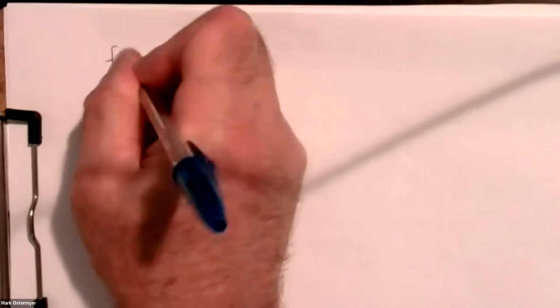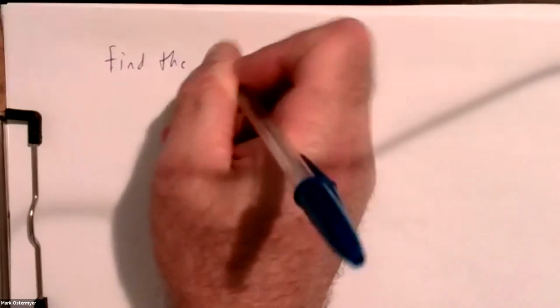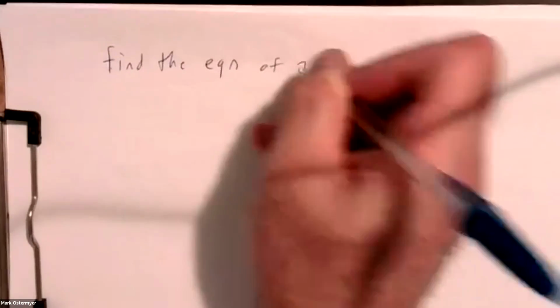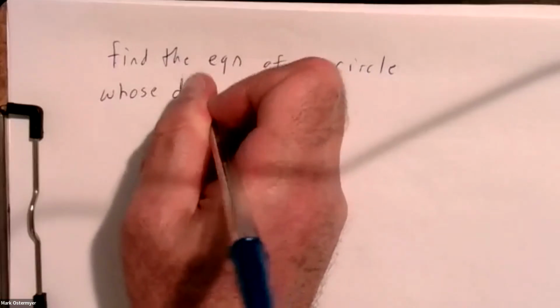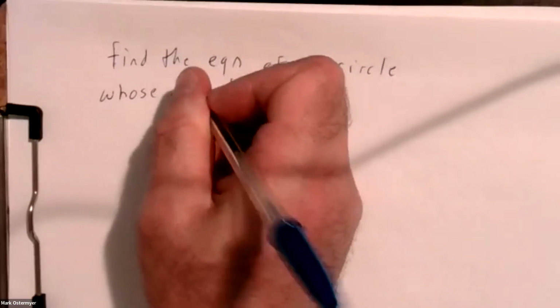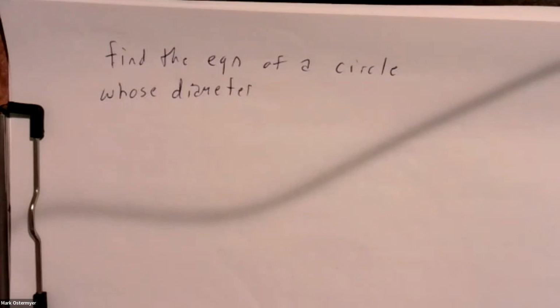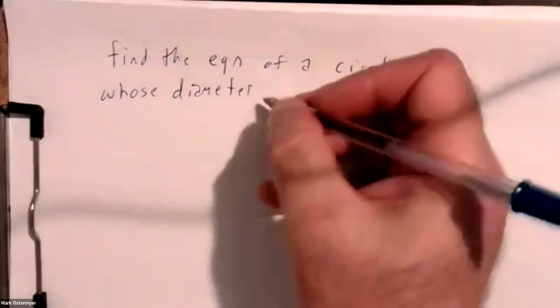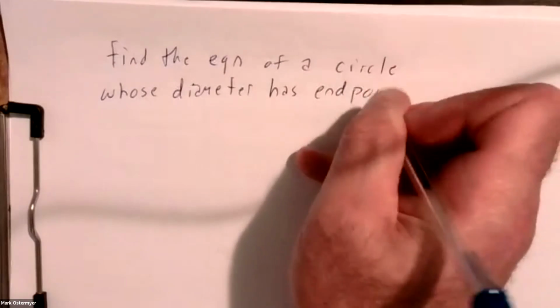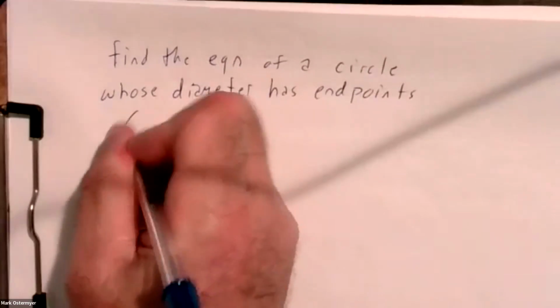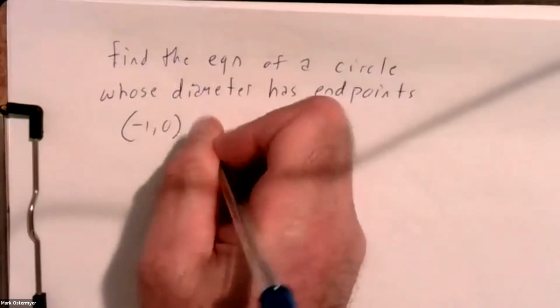All right, find the equation of a circle whose diameter has endpoints (-1, 0) and (3, 4).